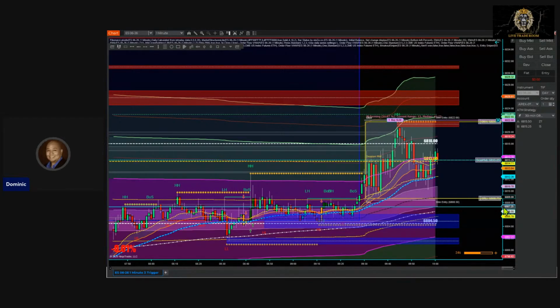There it is, 10 o'clock. And we're right by the +1 deviation.